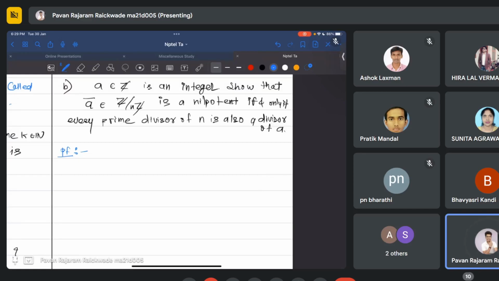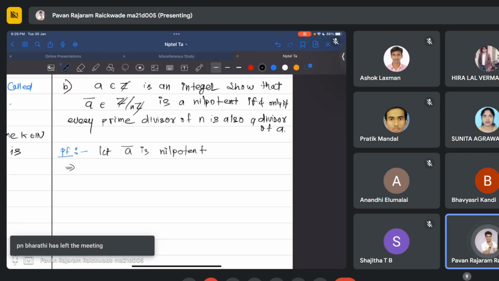Okay, I'll give you some solutions. Hint. I want to show that, let's suppose a bar is nilpotent.